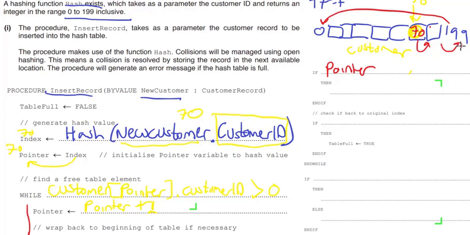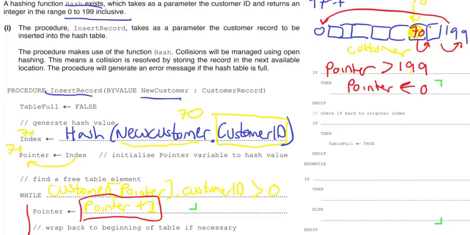If our pointer is greater than 199, so if we've incremented this pointer up to 199, we check this, we check it, kept going, it's full, it's full, it's full. Pointer's going to be reset to 0. Boom. Nice and easy.